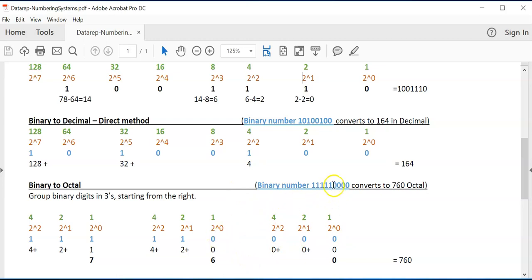Then you take the next. So that's 0, 1, 1 is the next group of 3. And then finally these last three ones. So 1, 1, 1. So what you're doing is you're taking the binary number, beginning from the right and splitting it into groups of 3. Another group of 3, another group of 3. All right?